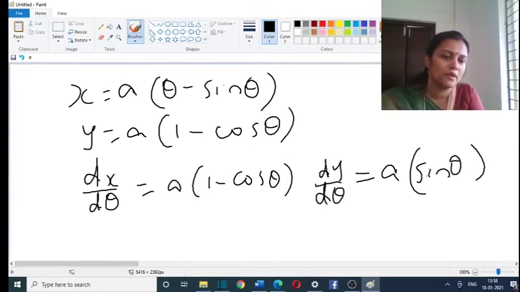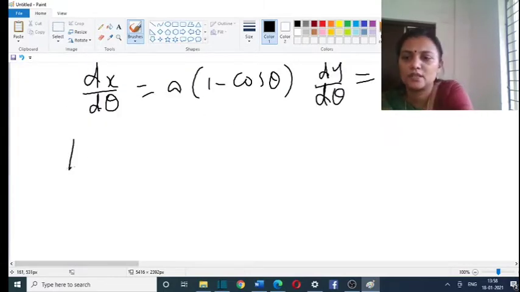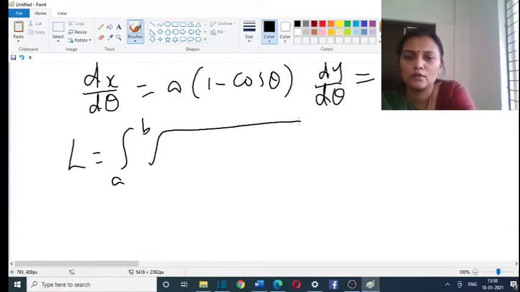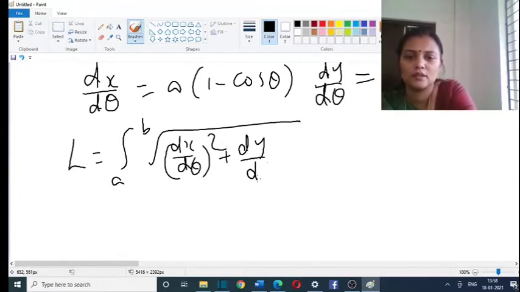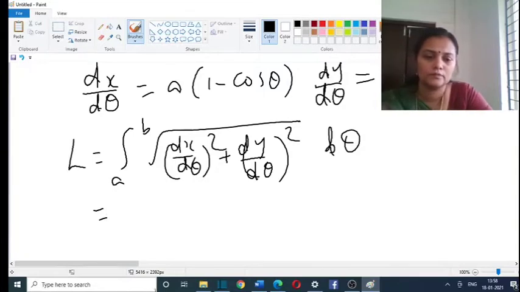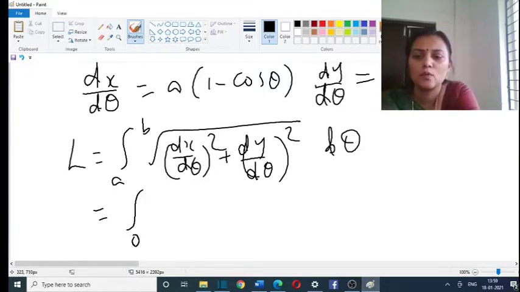So we have the expression: the integral from a to b of the square root of dx by d theta all square plus dy by d theta all square d theta. Here a to b is from 0 to 2 pi, since one arc of the cycloid moves from 0 to 2 pi.